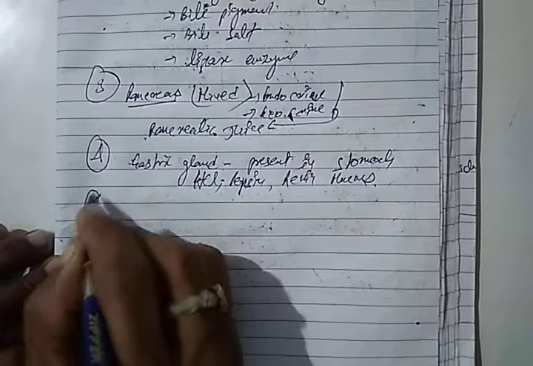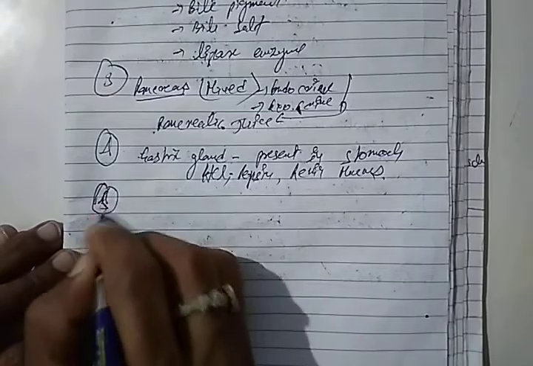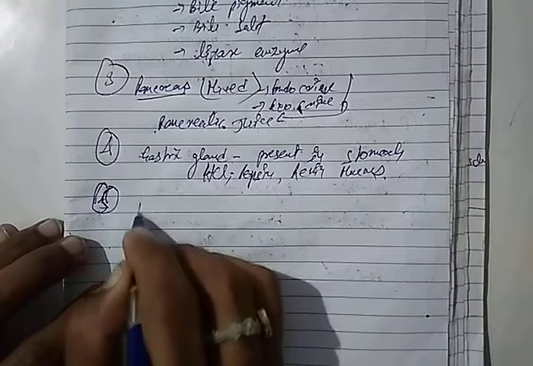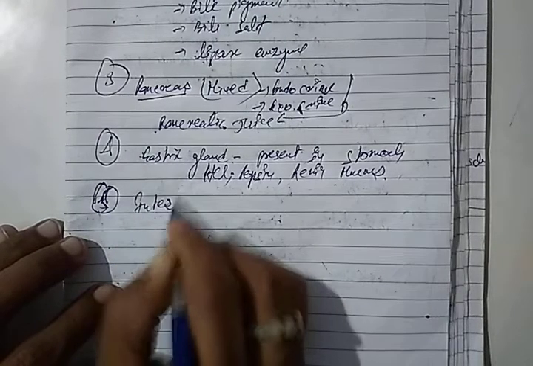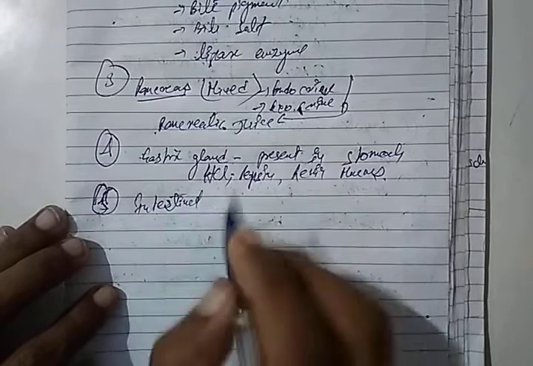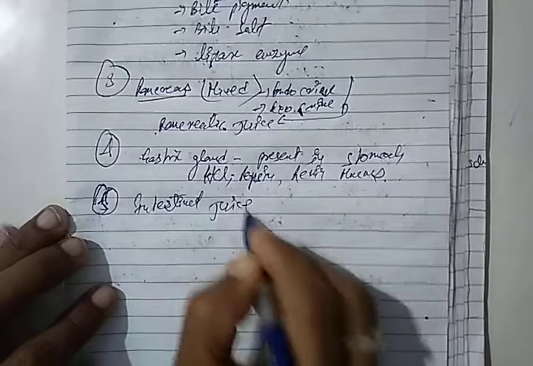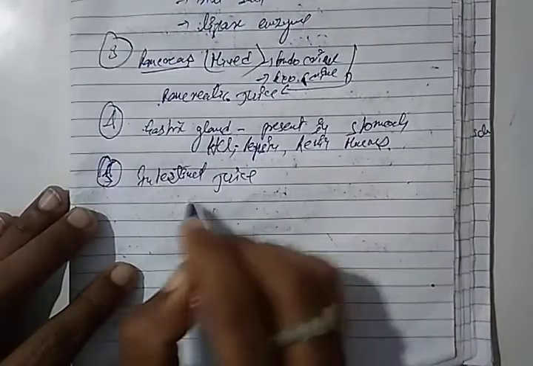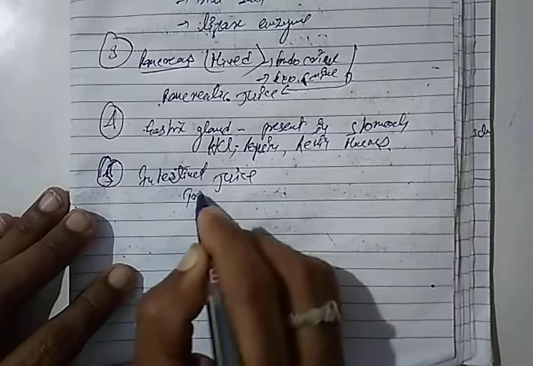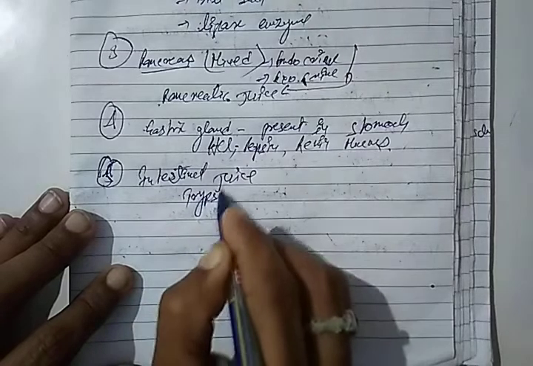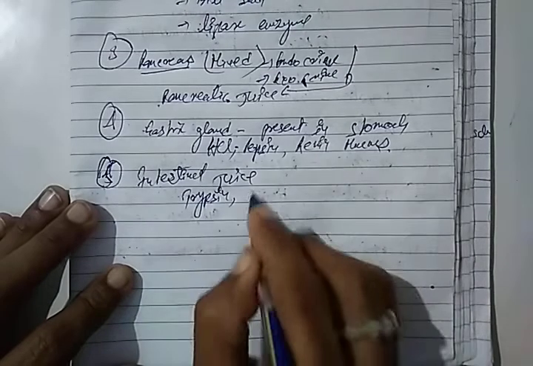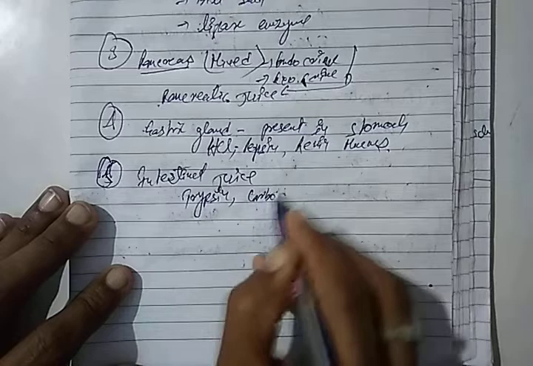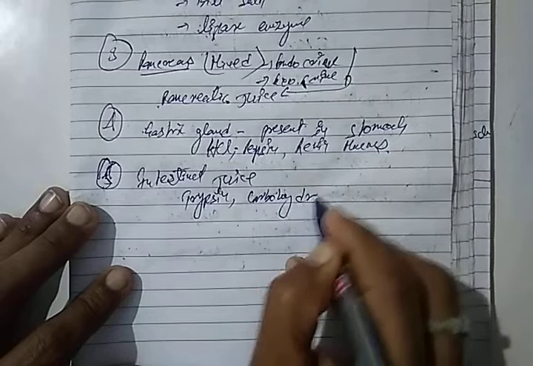Number fifth, intestinal juice, which includes different digestive enzymes like trypsin and carbohydrases.